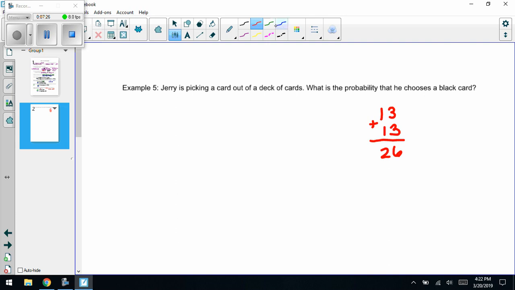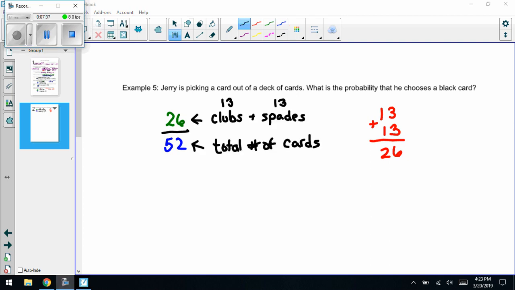So on the top, we are going to include 26 and the total number of cards in any standard deck is 52. And double check that you have these notes written down. It will make the problems you're about to do on your own much easier to do if you have good references.